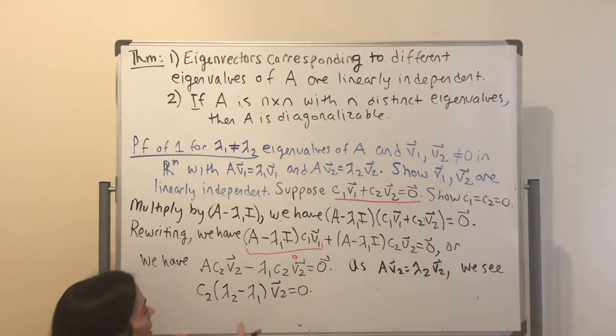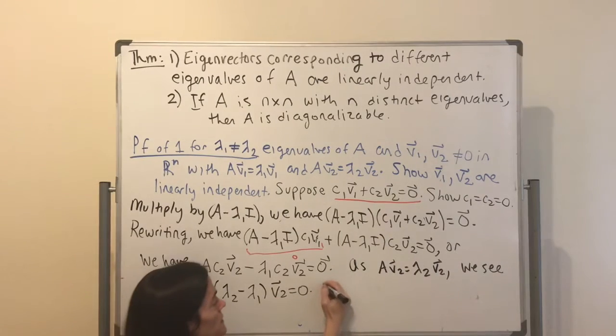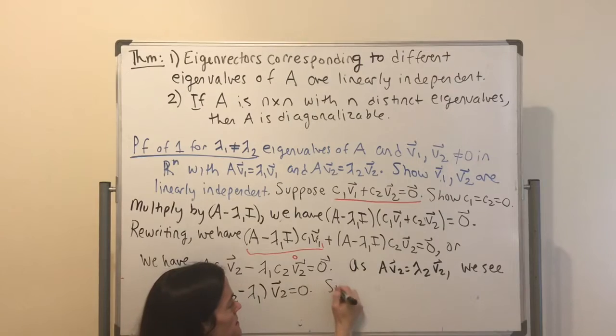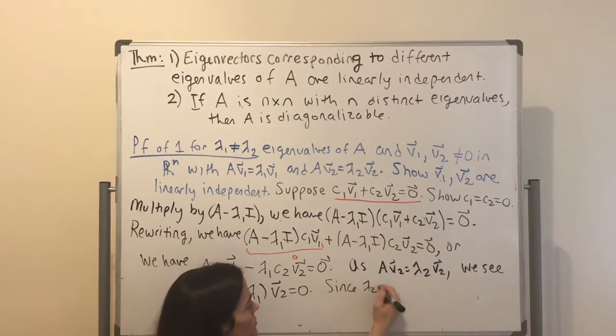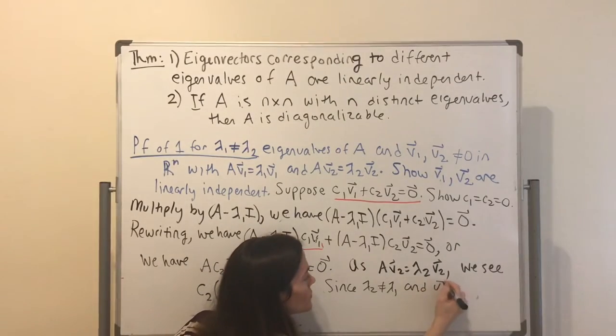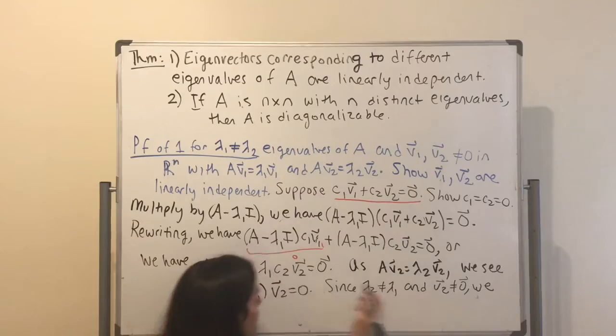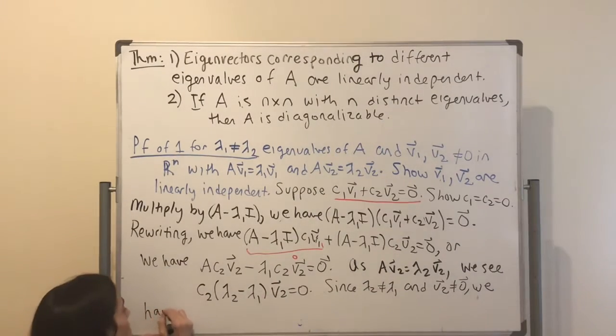Okay? But lambda 2 is not equal to lambda 1. V2 is not equal to 0. I'll say that in a sentence. Since lambda 2 not equal to lambda 1 and V2 not equal to 0, we have C2 must be 0.